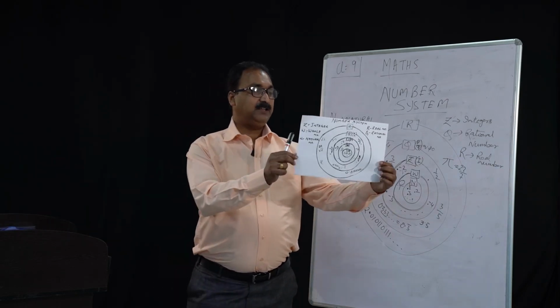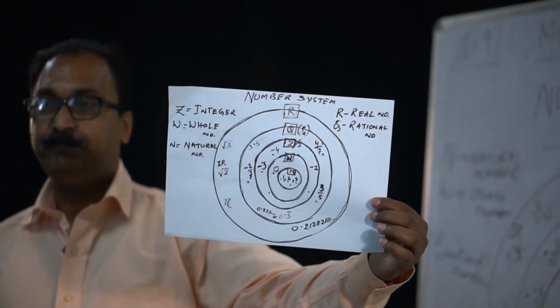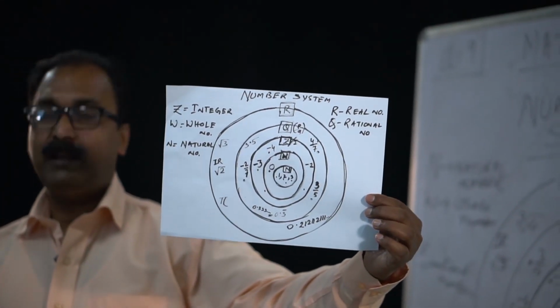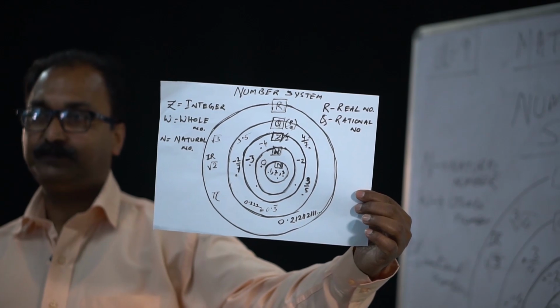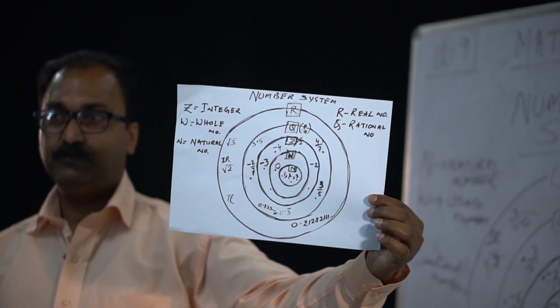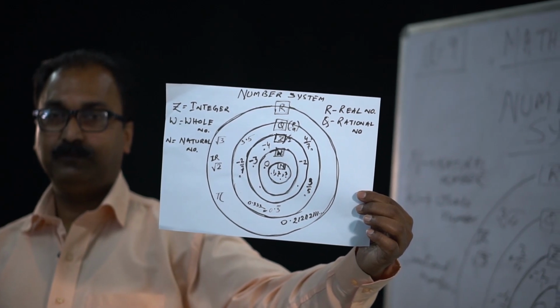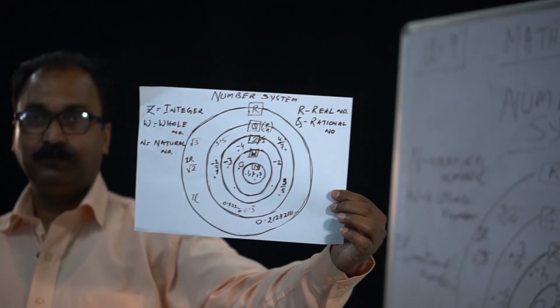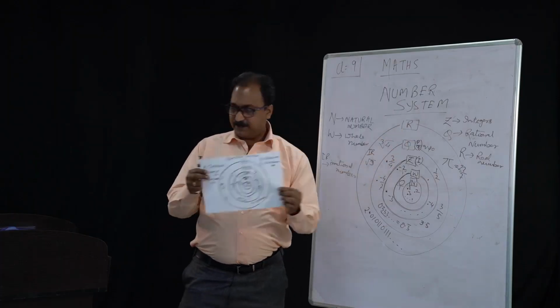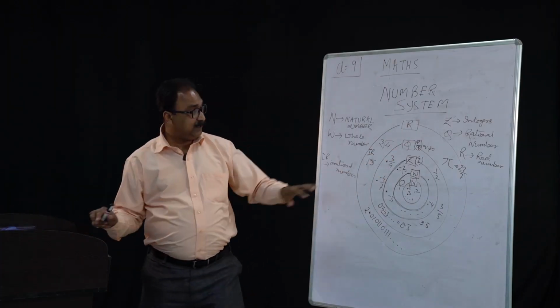If you make the chart this way and keep it at home, all the numbers will be at your fingertips. So please try to make it at home, easy to understand.